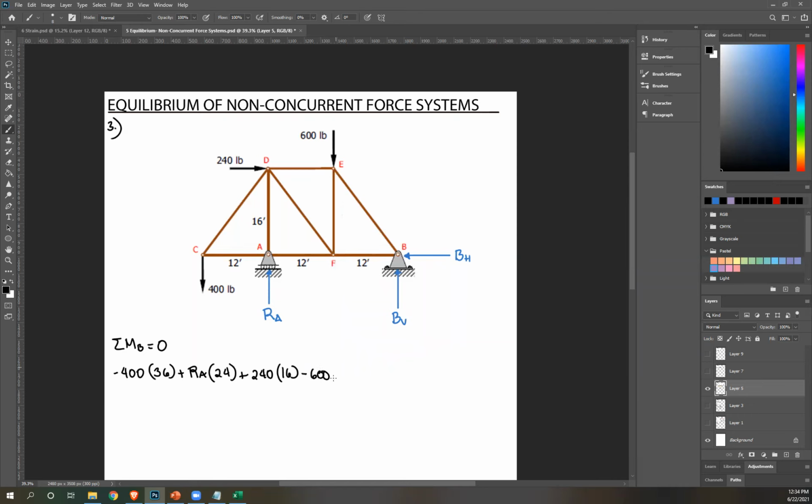Perpendicular distance is 12. BH passes through B, so ignoring that, equate to 0. Please solve what's RA. Should be positive 740. Yeah.